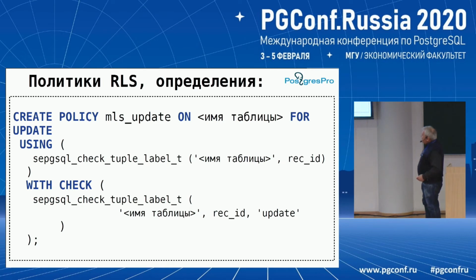Update and delete. It's more interesting. First, we analyze the condition of visibility. Is it possible for the user, and the user is always present, the user of the database to which a security label is assigned. So this user is always present in any session. If it is an open session, the user is always present. And the second one is with check. Is it possible to have the operation of update for this user and for this table?